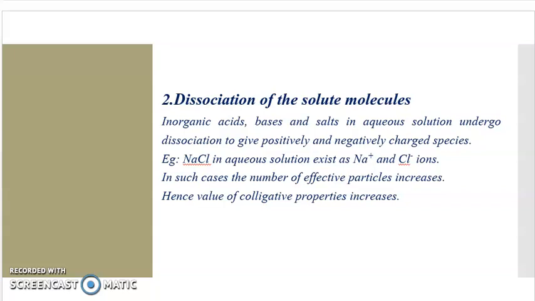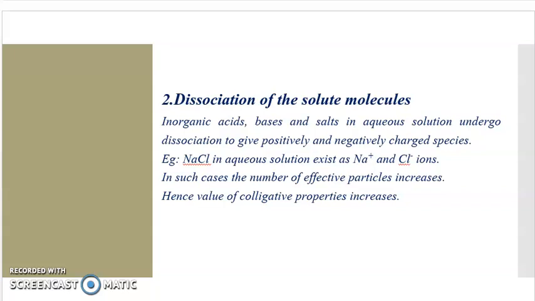So there is an increase in the number of particles in the solution. In the previous case, there was a decrease in the number of solute particles because the molecules were associating or combining. Here, the solute particles undergo dissociation, hence the number of solute particles increases.